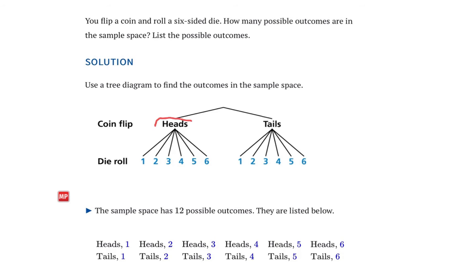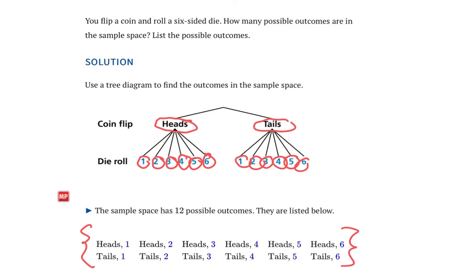You could flip a coin and get heads, or you could flip a coin and get tails. If you flip a coin and get heads, there are 6 different outcomes for when you roll that die. You could roll a 1, 2, 3, 4, 5, or 6. If you flip the coin and get tails, there are also 6 outcomes. So altogether, there are 12 possible outcomes, and that's called the sample space, those combinations.